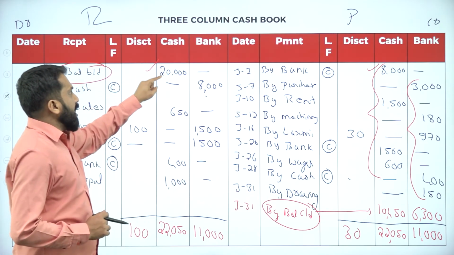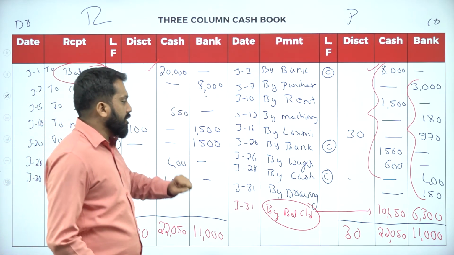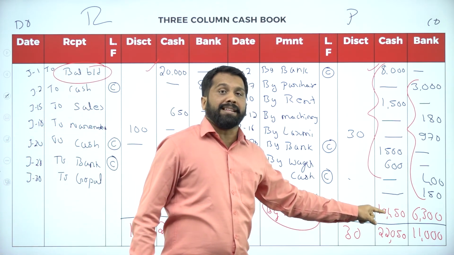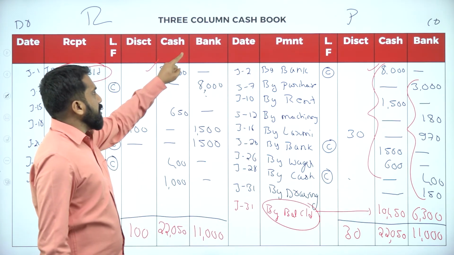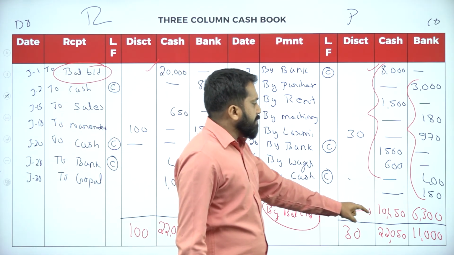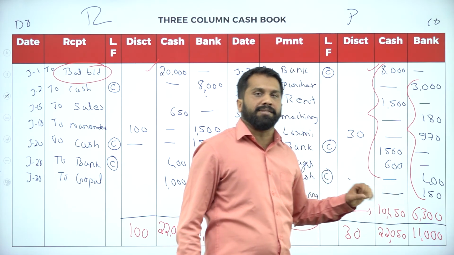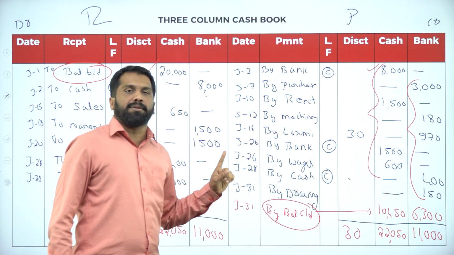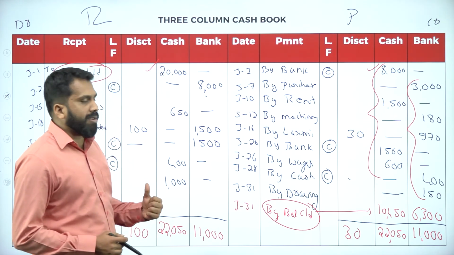January 1st you had 20,000 cash, but at the end of January, 31st January, you have only 10,450 cash. Now, January 1st your bank balance was 0, but January 31st your bank balance is 6,300. So, this is all about your 3-column cash book. Hope you understood.